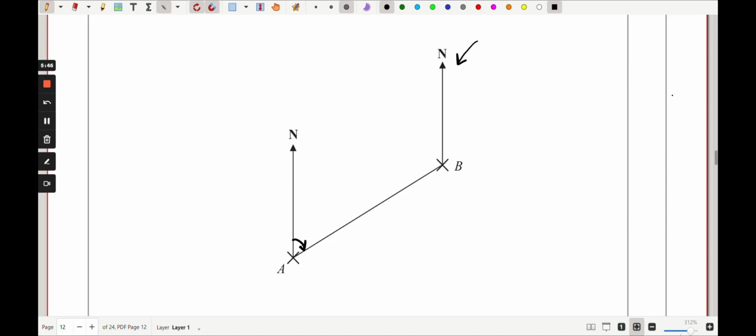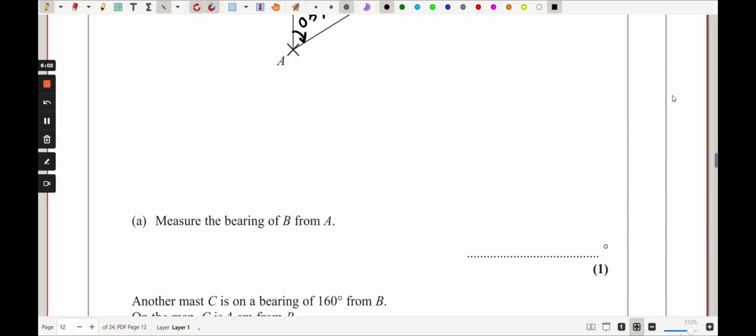Using your protractor, you will find 59 degrees, and as a bearing you should write it in 3 digits, so 059 degrees, and you should write it down in the provided space.